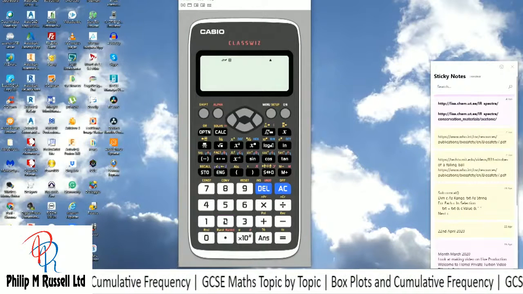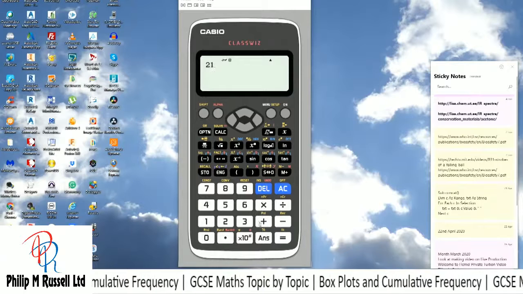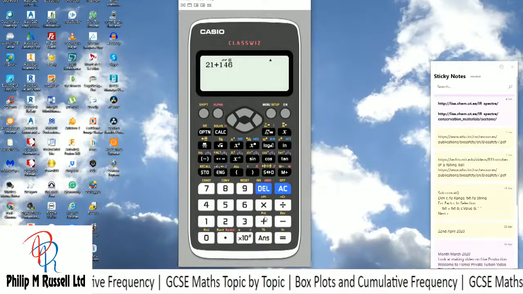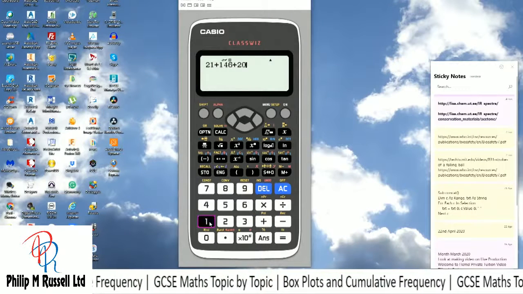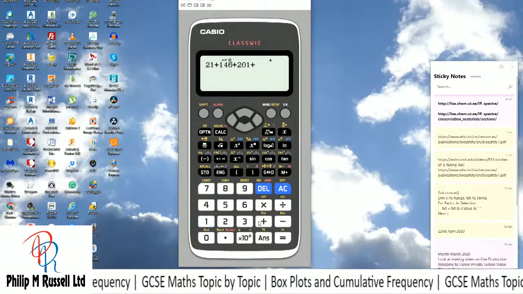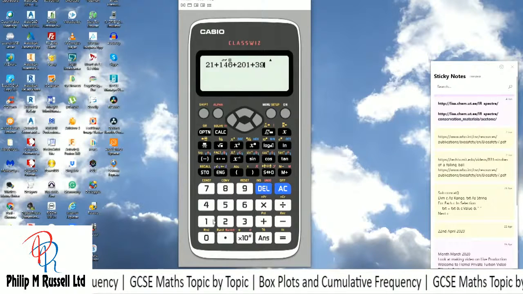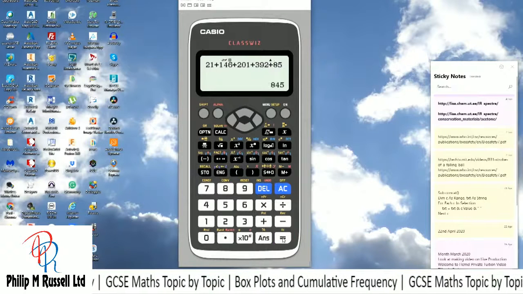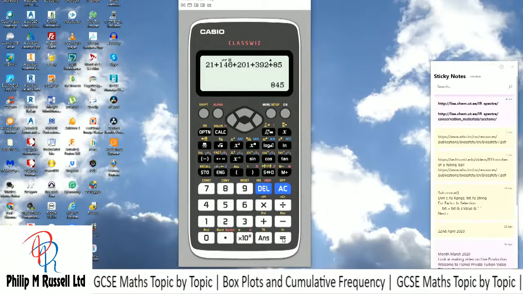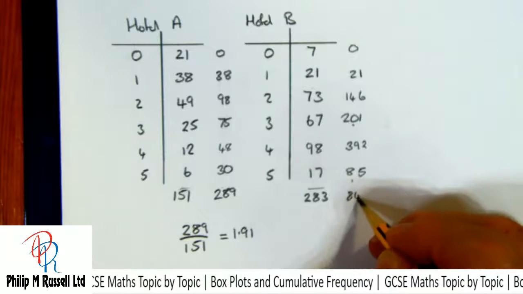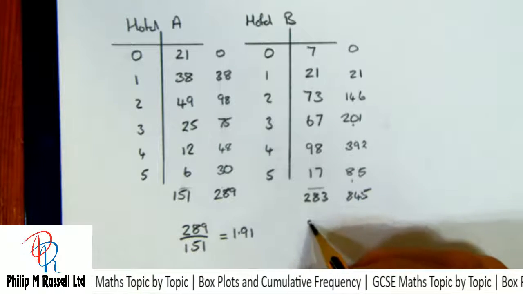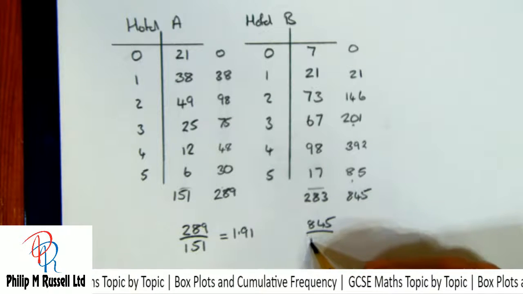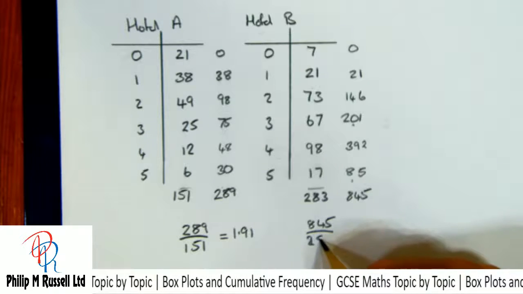We've got 21 plus 146 plus 201 plus 392 plus 85, and that gives me 845, and we can do that sum of 845 divided by 283.